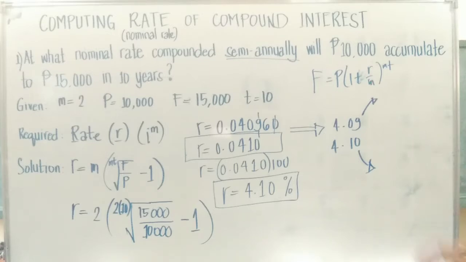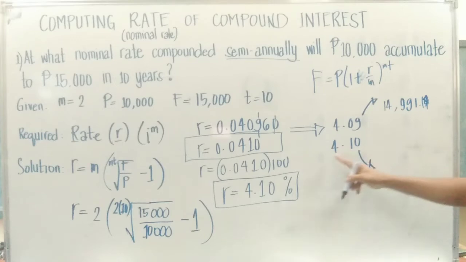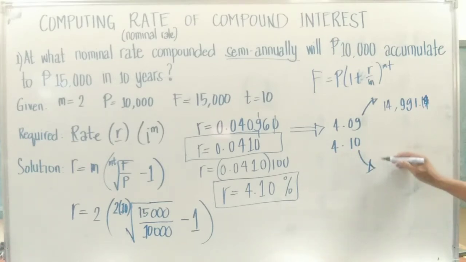4.09 will give you a value such as 14,991.13, I guess. And 4.10% will give you the value of 15,005.84, I guess.